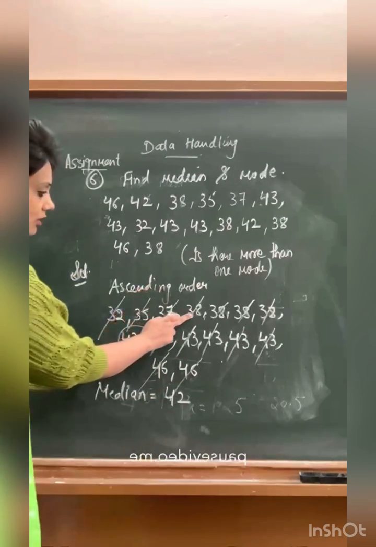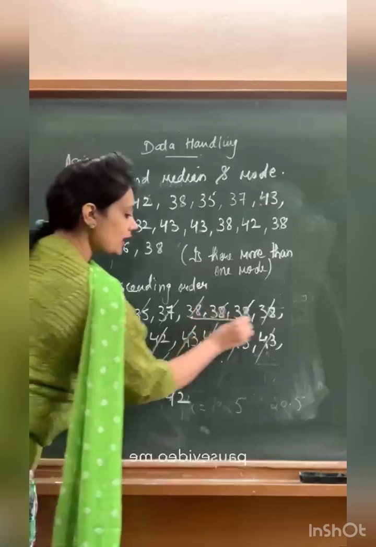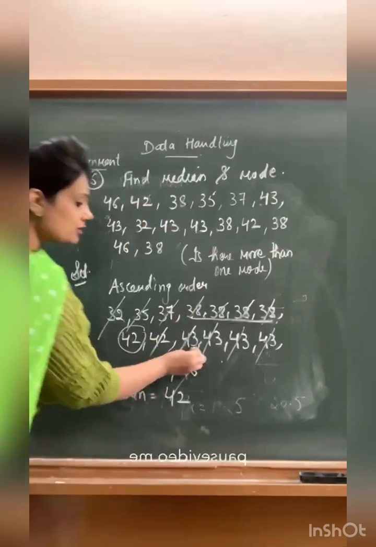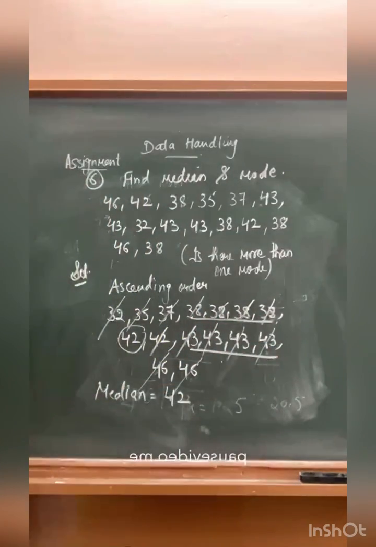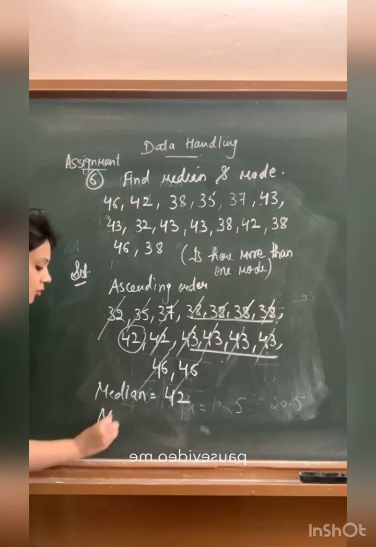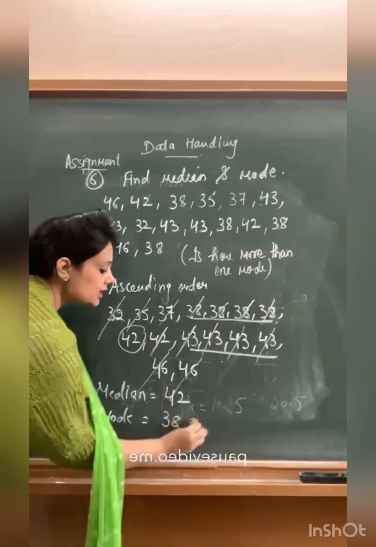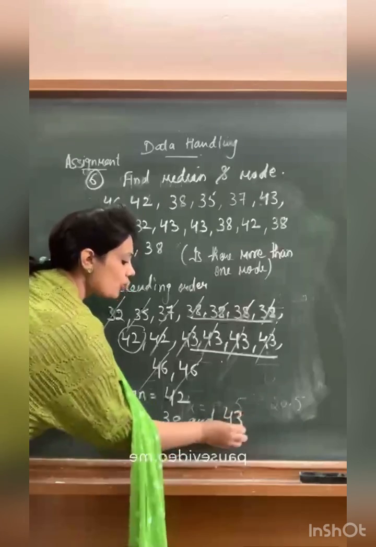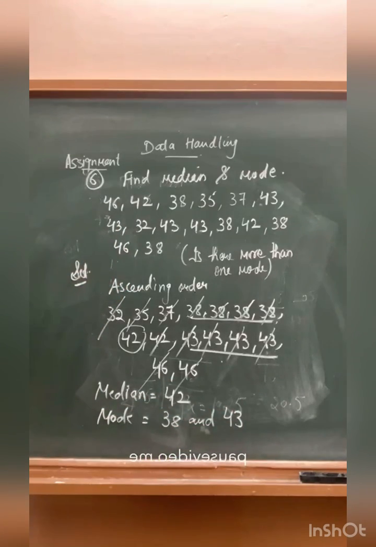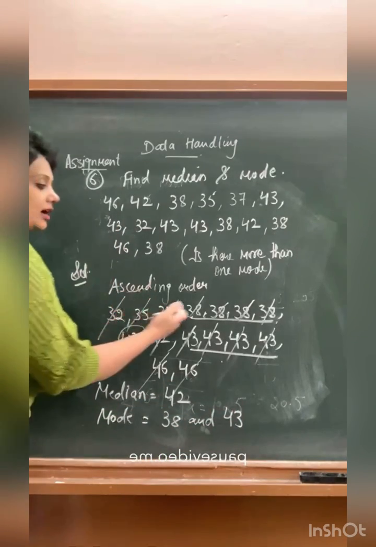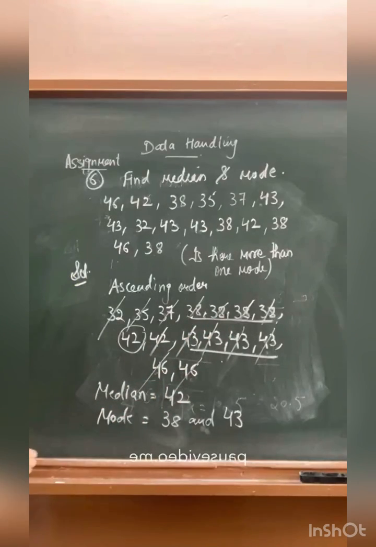See here, 38 is coming 4 times and 43 is also coming 4 times. There are two numbers whose frequency is equal. So in this question, what will be the mode? Mode will be 38 and 43. Both the numbers will be mode as they are coming an equal number of times.